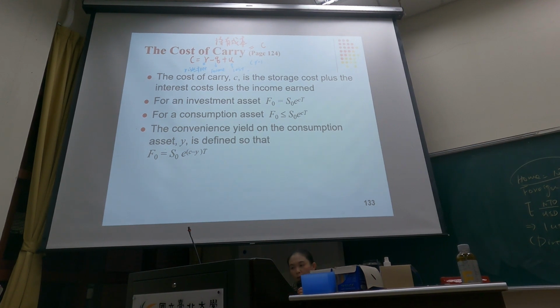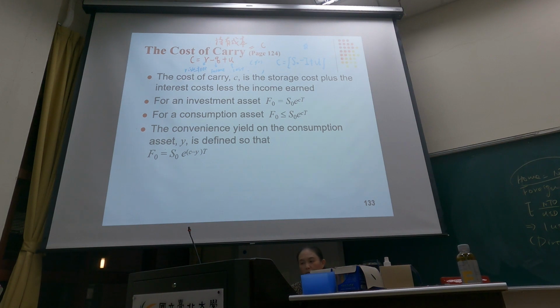If they are in dollar amount, C equals S0 minus I plus U, present value, if they are all in dollar amount. Are we okay so far?